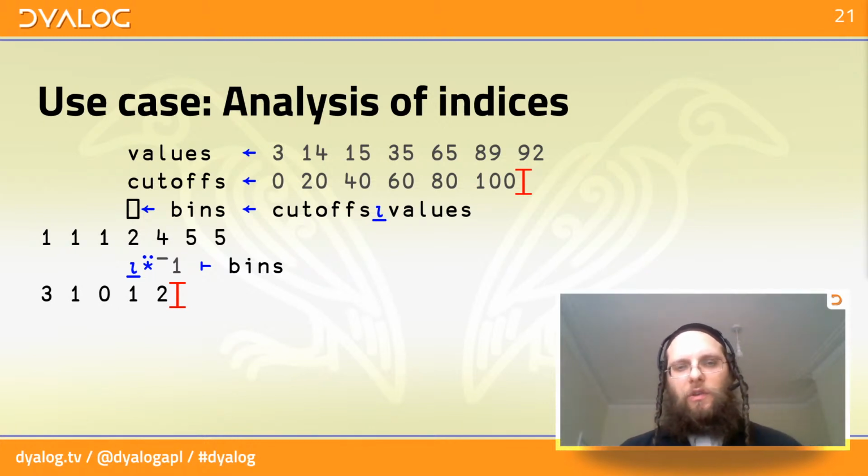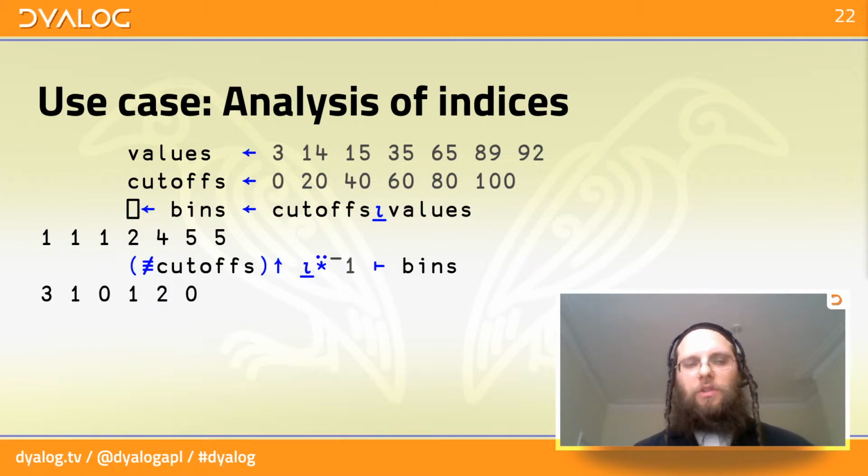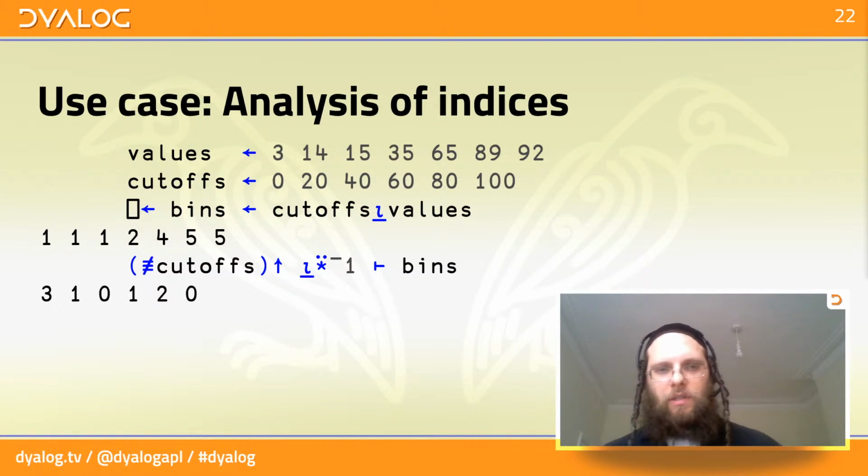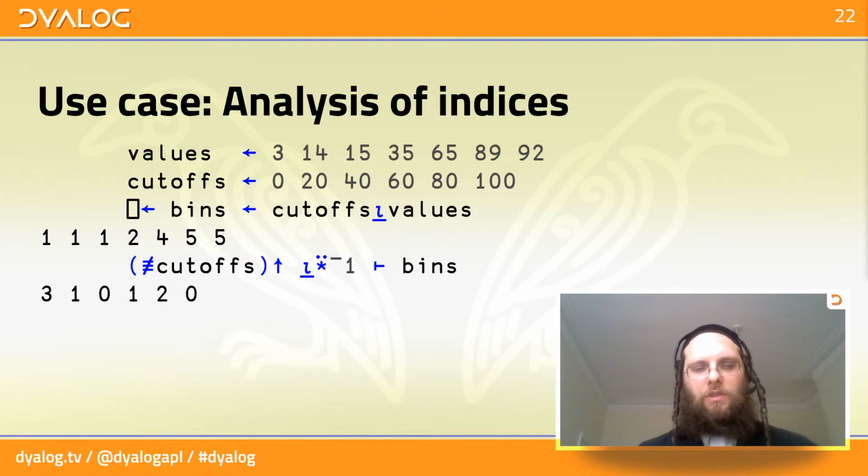Just because no values fell in those slots, we don't have that in the argument. So what you can do is use take and overtake with as many elements as you want, and that will pad with zeros at the end. So then we know that we have enough, and we have the counts for everyone.